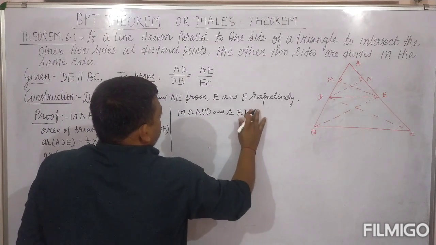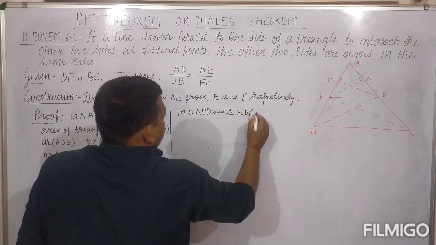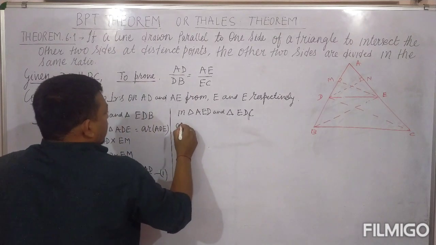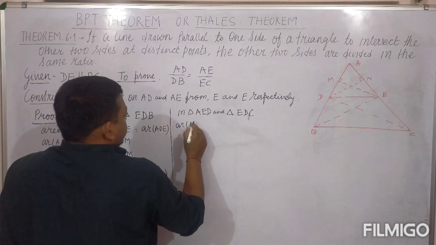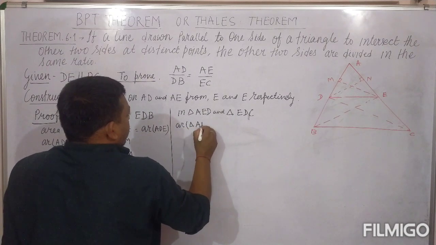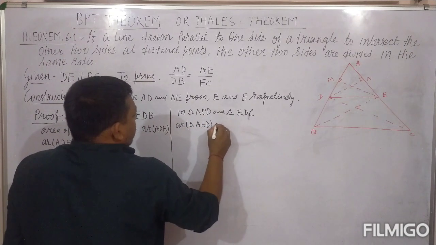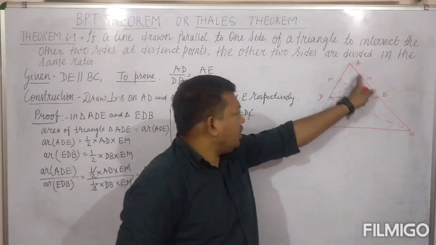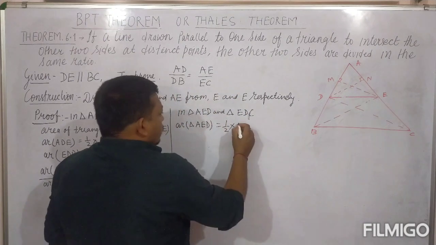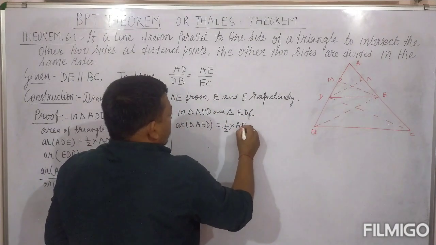Area of triangle AED equals 1/2, and the base is AE.